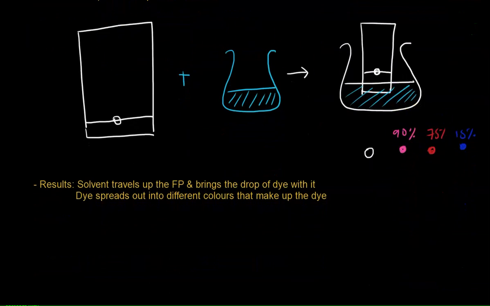Now when my water touches the surface here, it will be pulled up by capillary reaction, and my dye will slowly break up into 3 components. As you can see, it moves up here. Which one is the least soluble in water? It's the blue one, right? So the blue one cannot travel very far.